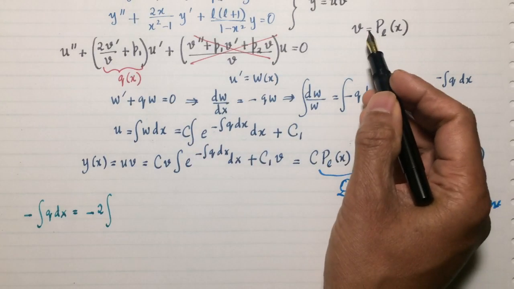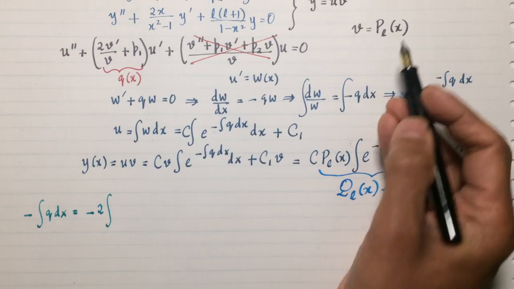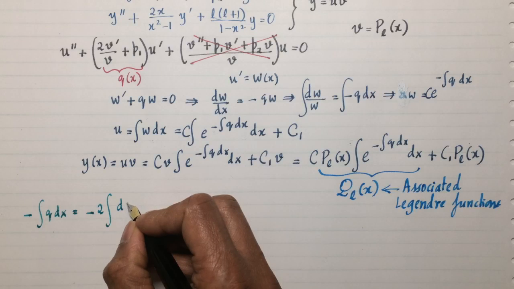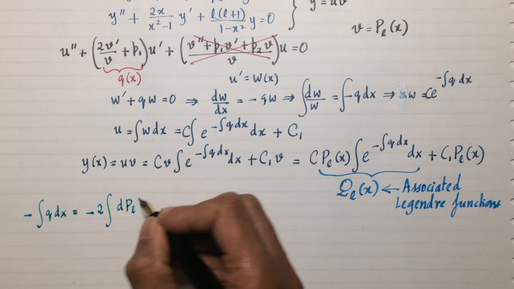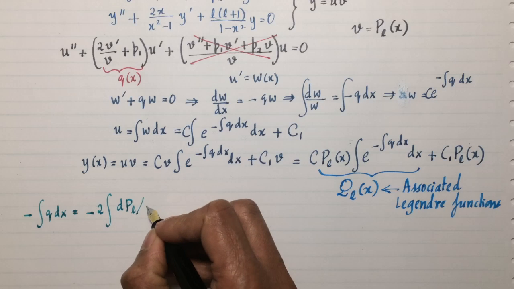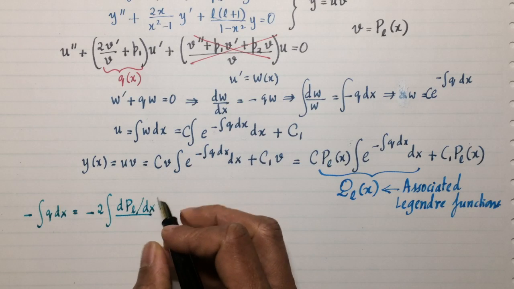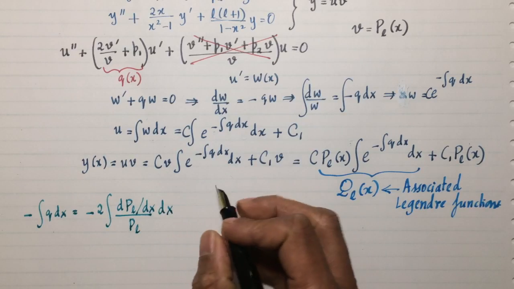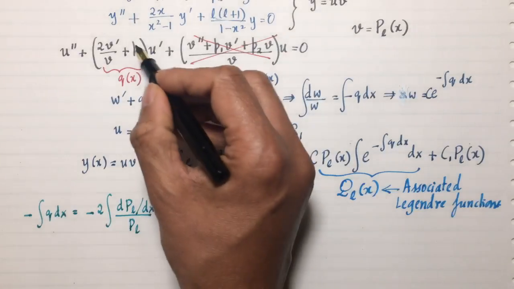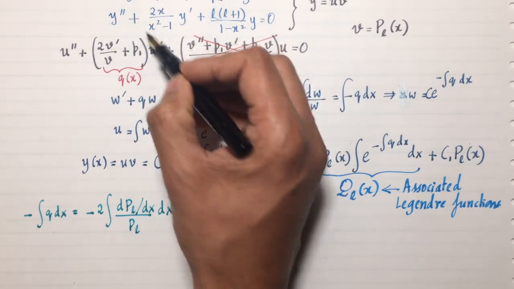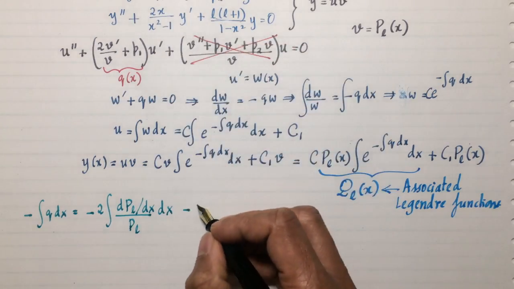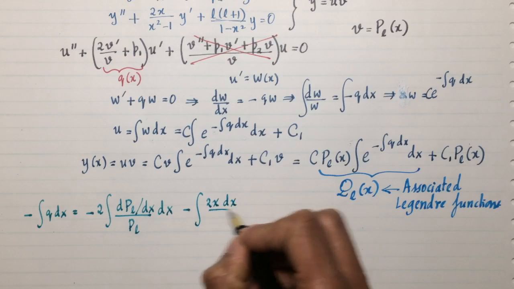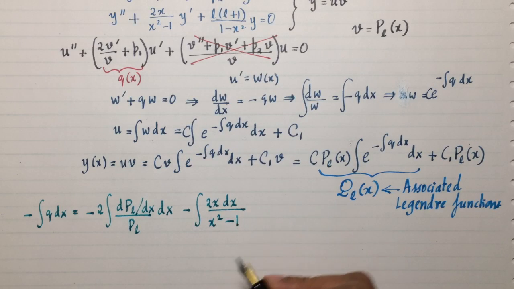V prime would be the derivative of PL, so that's going to be dPL over dx divided by just PL, the whole thing times dx. And then also a term p1. p1 is this. So that's going to be minus the integral of 2x dx divided by x squared minus 1.